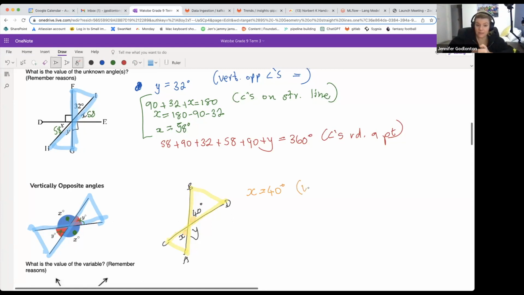And our reason is going to be vert up angles are equal. For those of you who are not comfortable with the shorthand, vert stands for vertically, the up stands for opposite. So it's literally telling you what it is. They are vertically opposite, they are angles, and they are equal to each other.